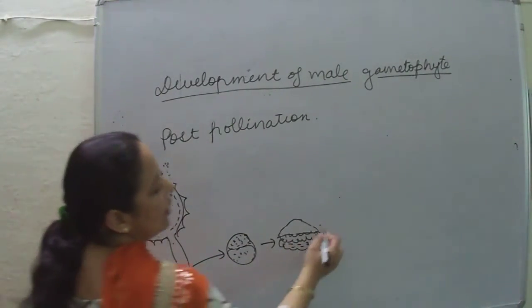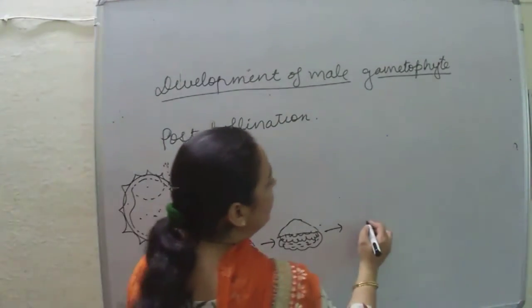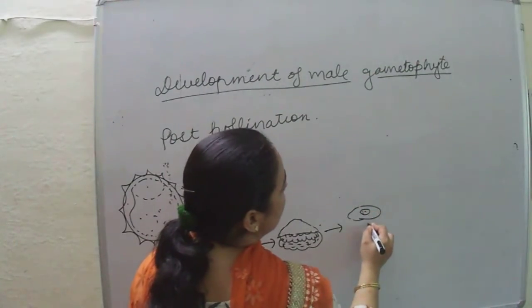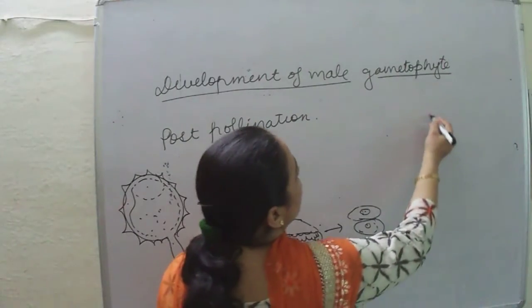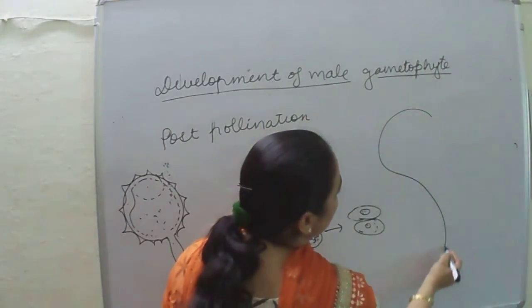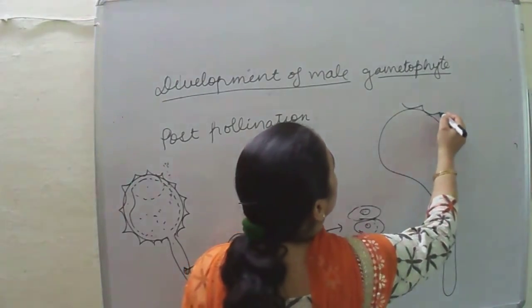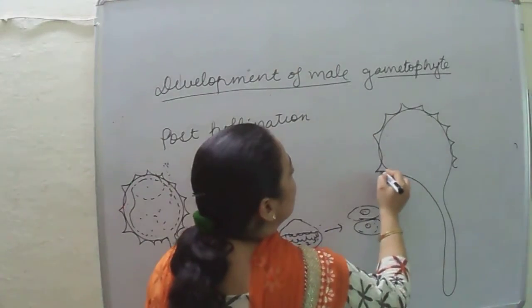But as the development grows further, it divides into two nuclei or two cells, and the structure becomes like this.